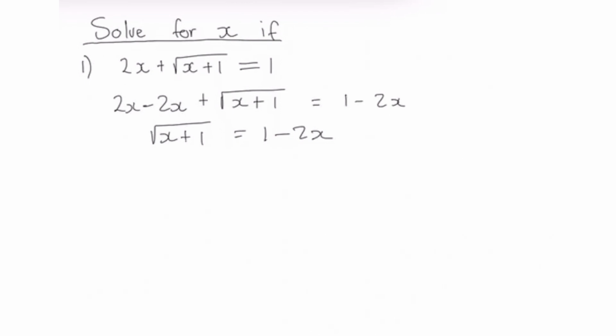Now, at this step, you must square both sides. You want to remove this square root, and to do that you square both sides.